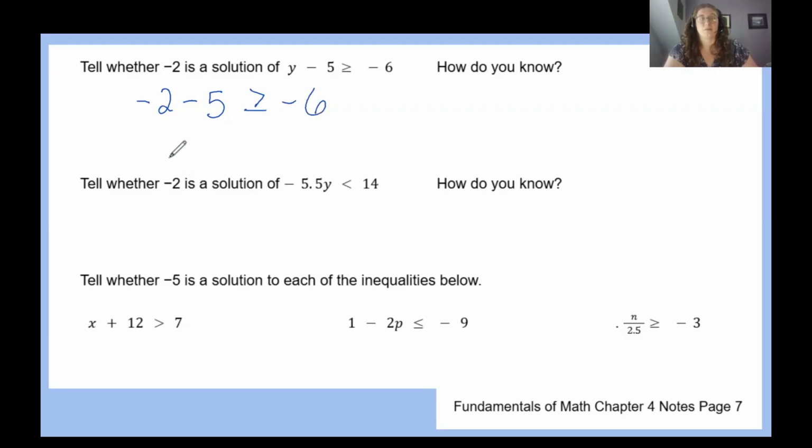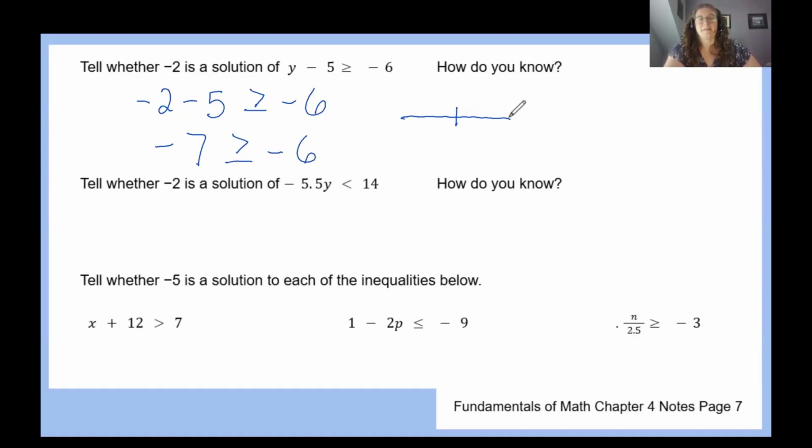Is this true? Well, -2 combined with -5 would be -7, right? We have -2, and then we're going -5 more, so we have -7. Is -7 greater than or equal to -6? Well, think about your number line, right?